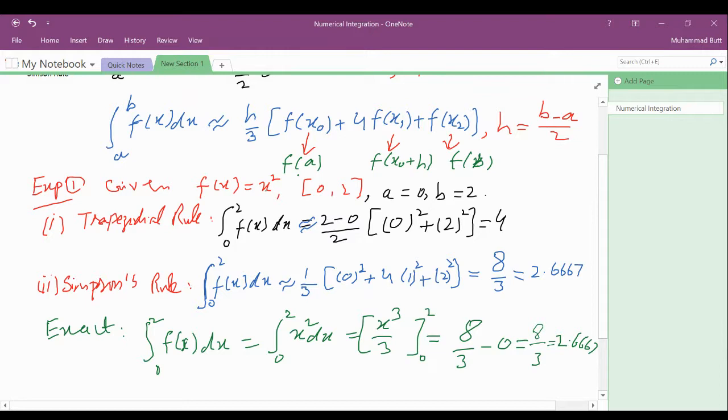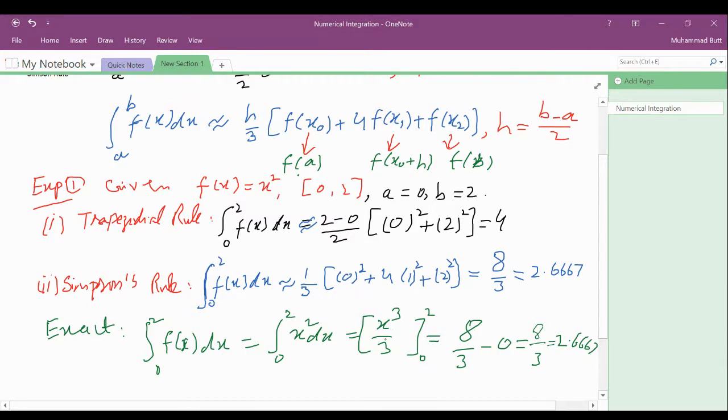If you remember the book, the error involves the fourth derivative, and the third derivative of this function is 0. So for degree 2, it gives us the exact answer. But whenever the function is more than degree 3, there will be some error. So this is the idea.